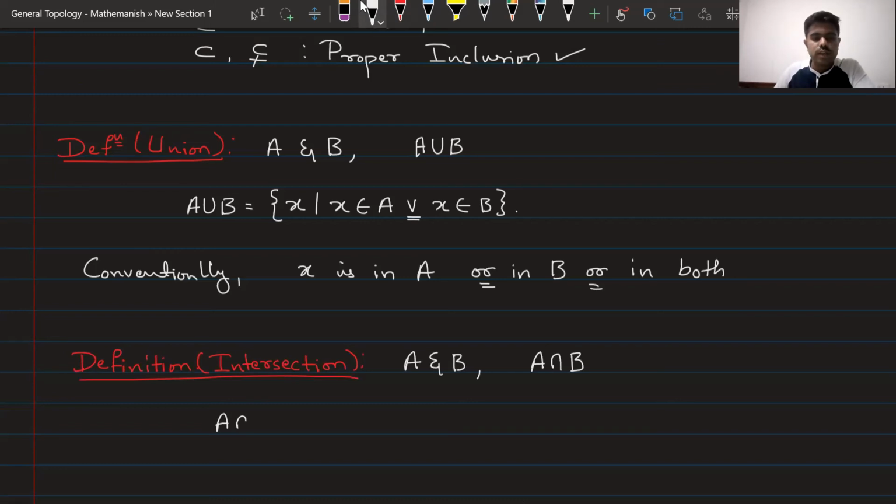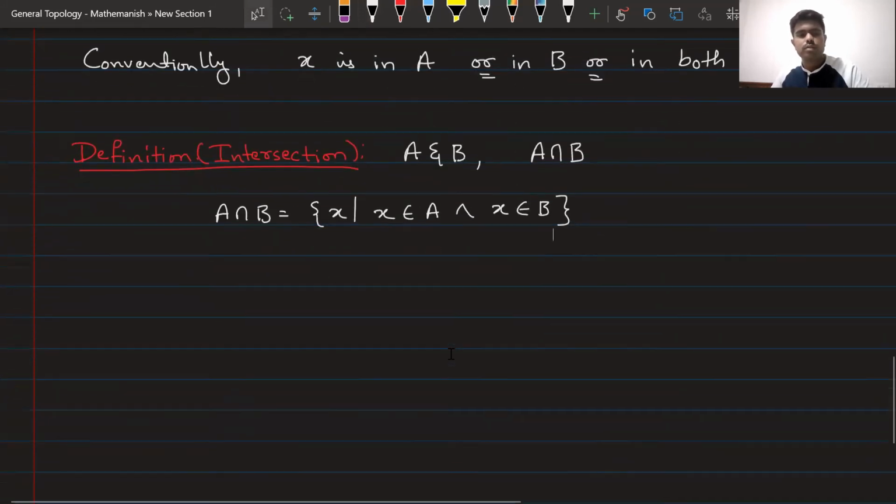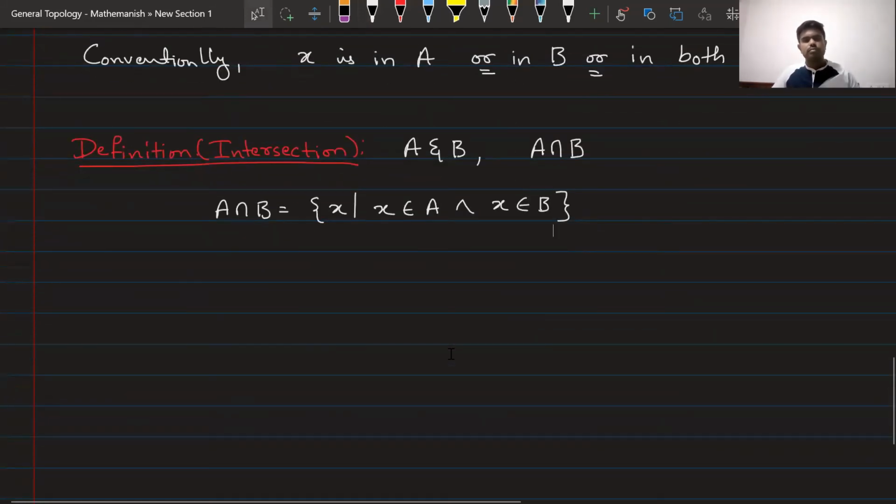We define A intersection B as the set of all x such that x is in A and x is in B. This has no ambiguity because x has to be in both A and B. So when I say A intersection B, it is the common region between the sets A and B.